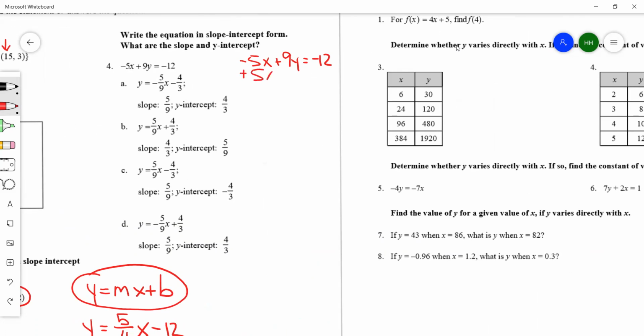So you add 5x to each side. The 9y falls down. Can you add 5x to 12? Can't, can you? So look, the 5x goes right here, and then the -12 goes over here. And now everything gets divided by 9, meaning the left side and everything on the right side.